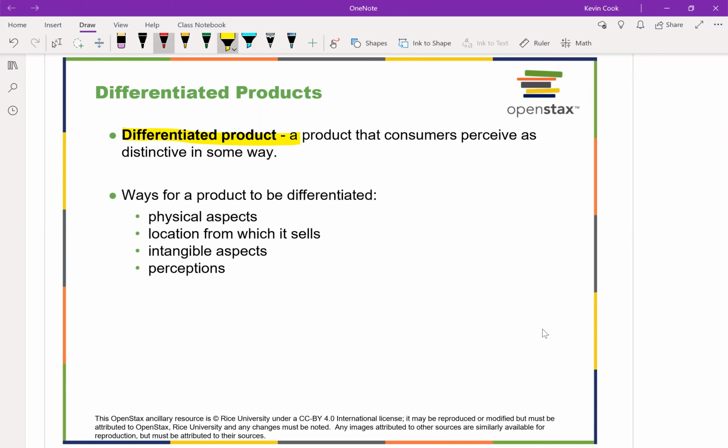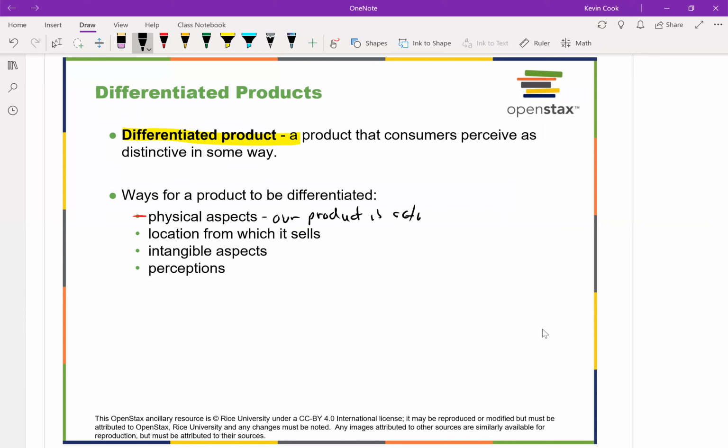So we have four things that we're going to pick on to figure out what it means to be differentiated, or how we can differentiate products. This first one looks at physical aspects, and this pretty much means that our product is actually different.